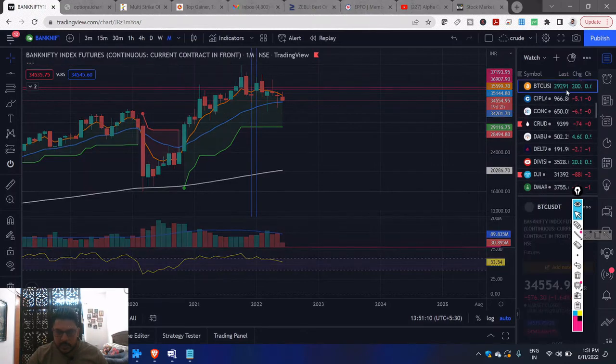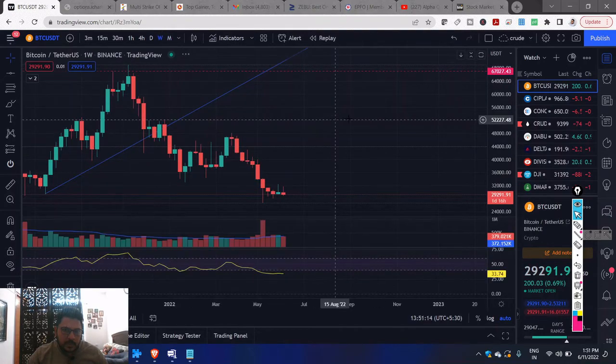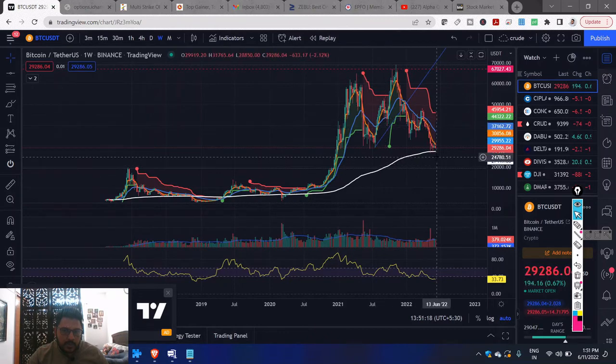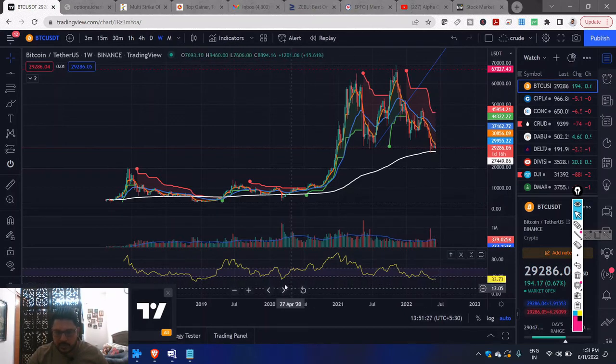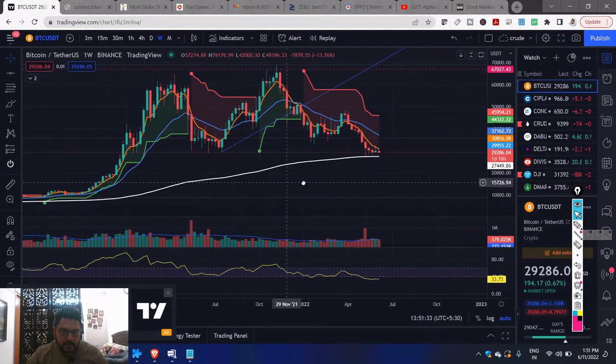So let's also analyze Bitcoin on a weekly time frame, what is happening. Okay, Bitcoin is nicely holding up the 200 period moving average, and it is highly oversold. It is at 30-33 levels. Whenever it came to 30-33 levels, from there it has gone up in the past.